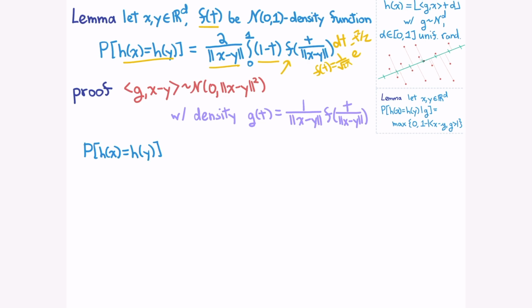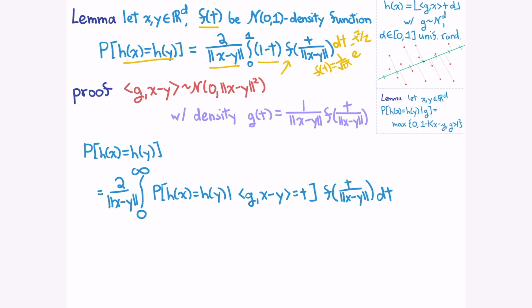So the probability that x hashes to the same spot as y is going to be this integral. What we're doing here is conditioning. Actually, there's a typo here, it should be absolute value.